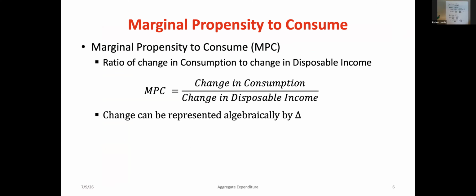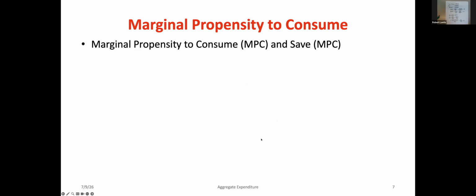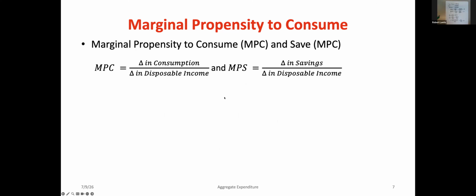Another way I'll write this, to point something out, is that instead of the word change, algebraically I'll use the delta, this triangle that represents the change. And then my marginal propensity to save has the same setup: the change in savings divided by the change in disposable income.